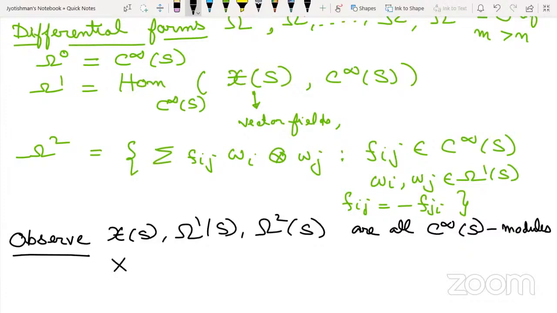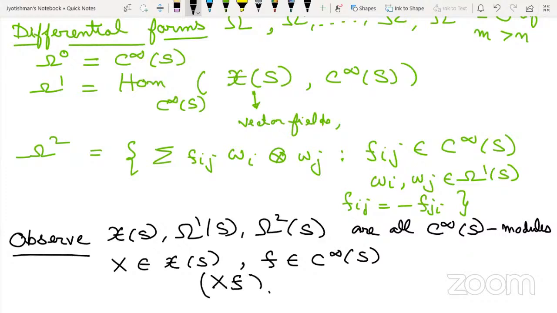I mean, suppose X is a vector field, okay? And f is a smooth function. Then basically Xf at the point P is actually defined to be X_P times f of P. Okay.